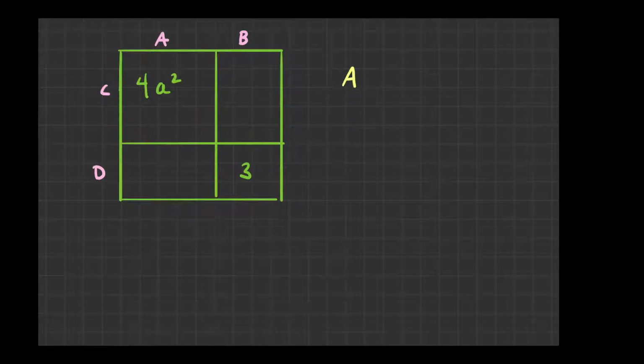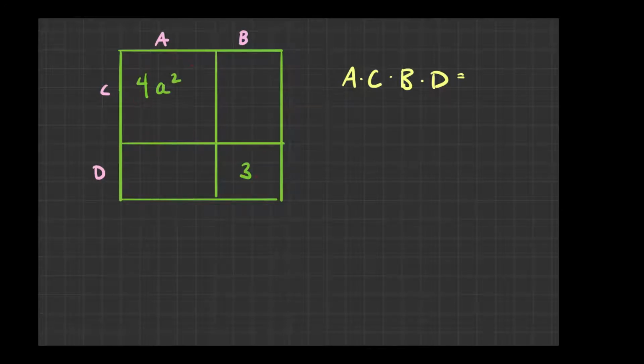So if I wrote A times C, and if I were to multiply it by this side right here, B times D, which is what this rectangle is, well, that's going to give me this rectangle multiplied by this rectangle.